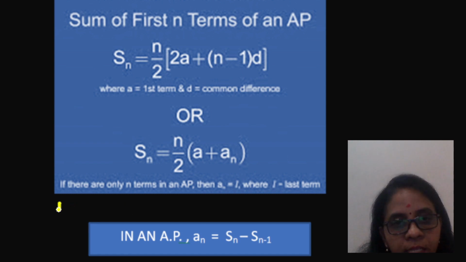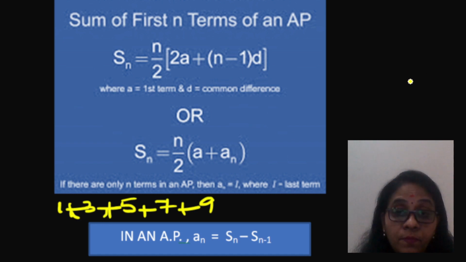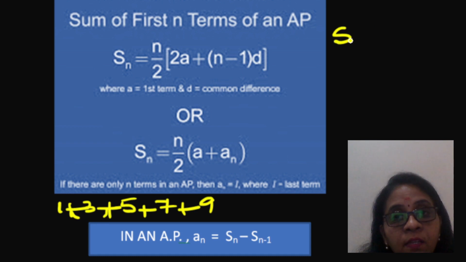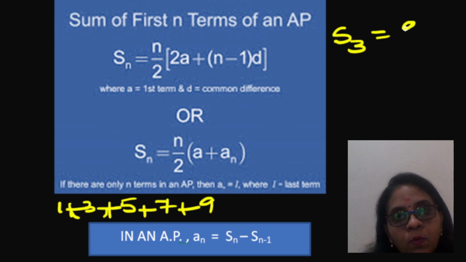Suppose you have a series as 1, 3, 5, 7, 9. Now, since I say series, I have to change this to plus. How many terms does it have? 5 terms, right? So, if I ask you what is the sum of the first 3 terms of this AP, what is it? 1 plus 3 plus 5, which is equal to 9.